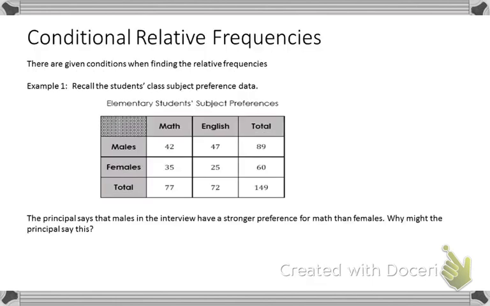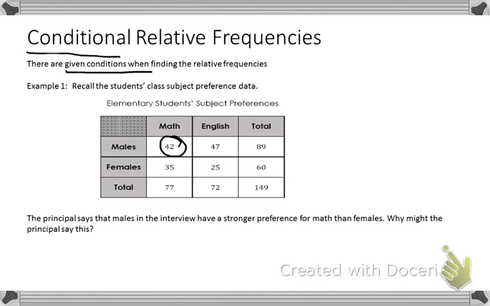All right, conditional relative frequencies. These are given conditions. It's not out of the total. They give you the condition. So, example 1, recall the student's class subject preference data. The principal says that males in the interview have a stronger preference for math than females. So why might he say that?